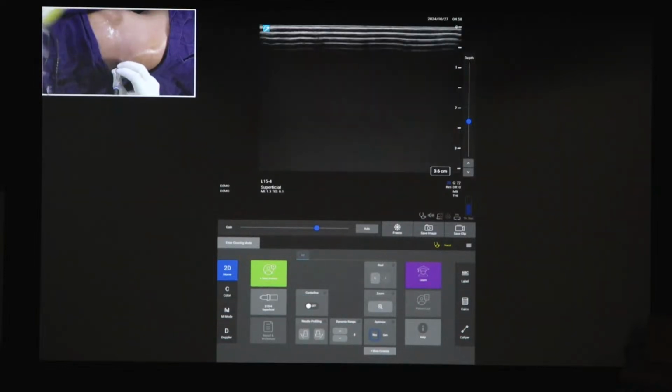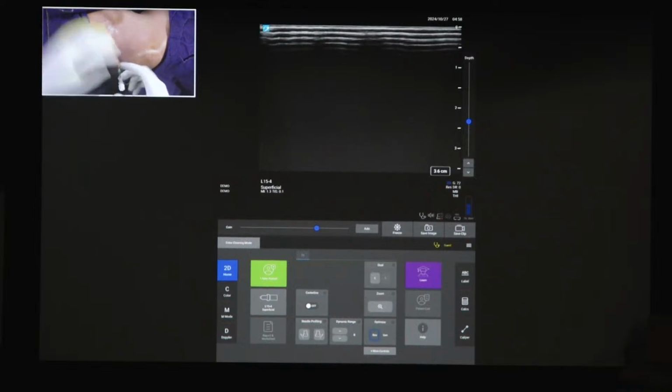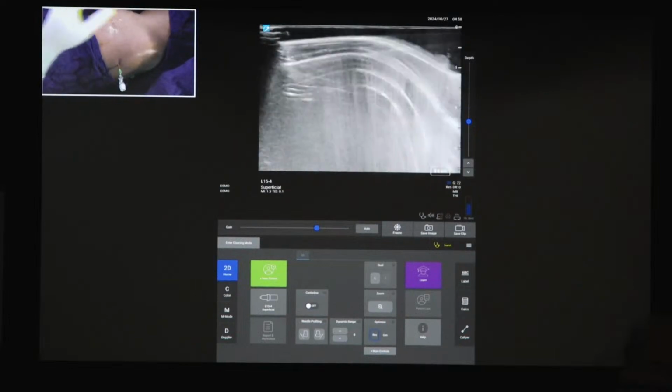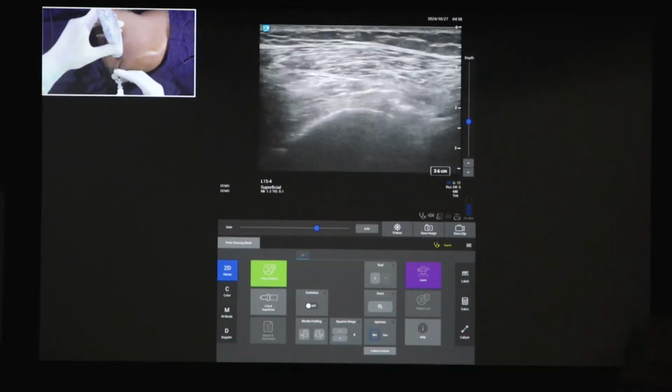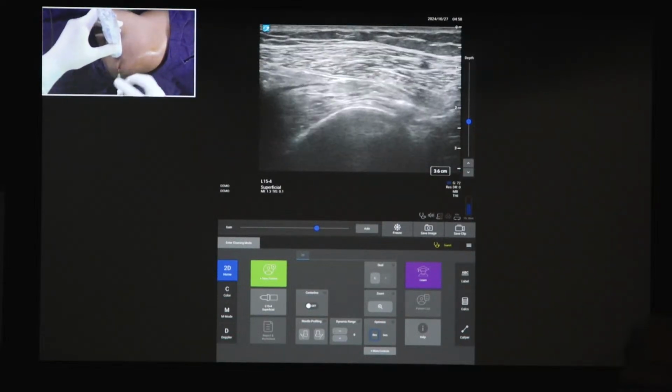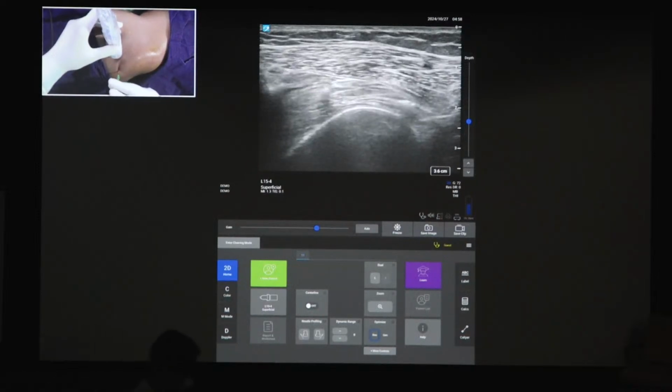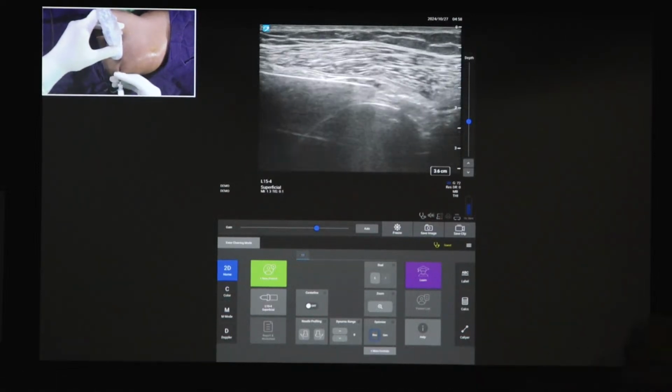So I'm just going to reposition this with the help of the cannula again. So we have to try to be as close as possible to the genicular vessels.